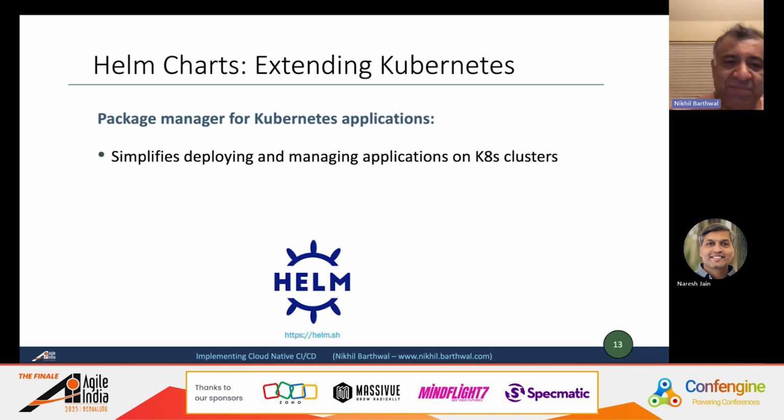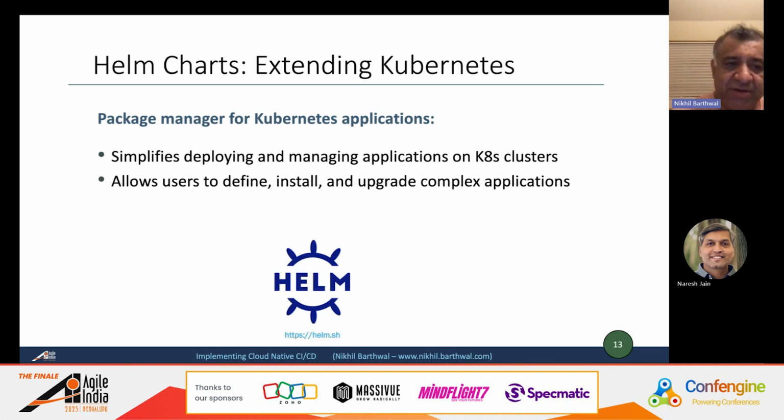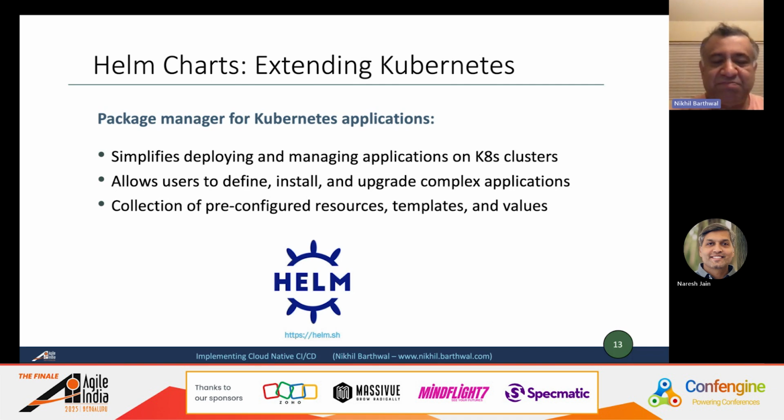Because you have these templates that you can just instantiate. It allows users to define and install complex applications because there are similarities. You want to abstract out these similarities. Kubernetes has a concept of resources, so it basically is a collection of pre-configured resources with templates that you can just instantiate the values and deploy it.